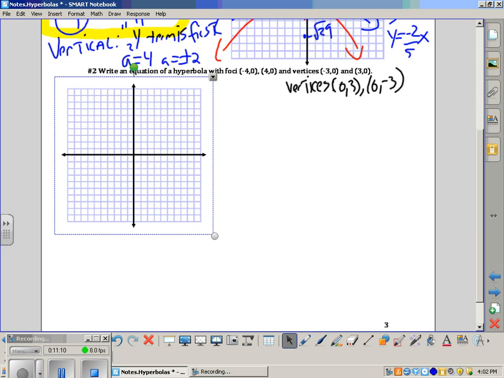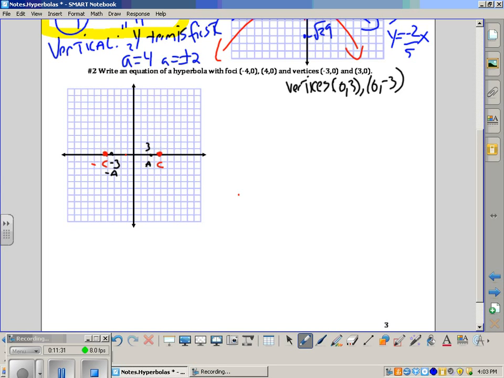So the foci are negative 4, comma 0 and 4, comma 0. So we'll label that C. And then the vertices are negative 3 and 3. Okay, this thing is sort of off, but there's a, negative a.